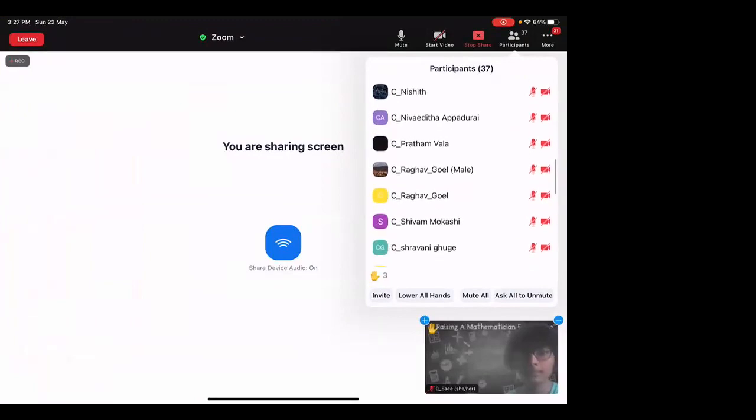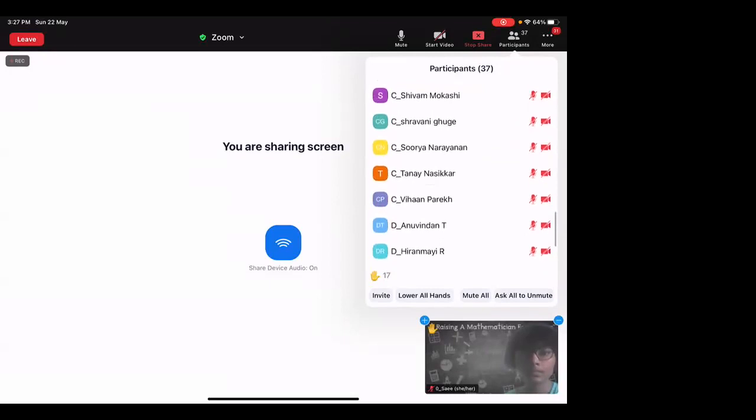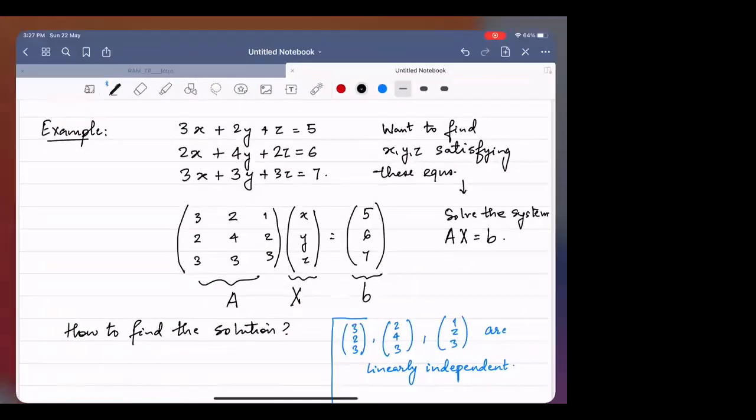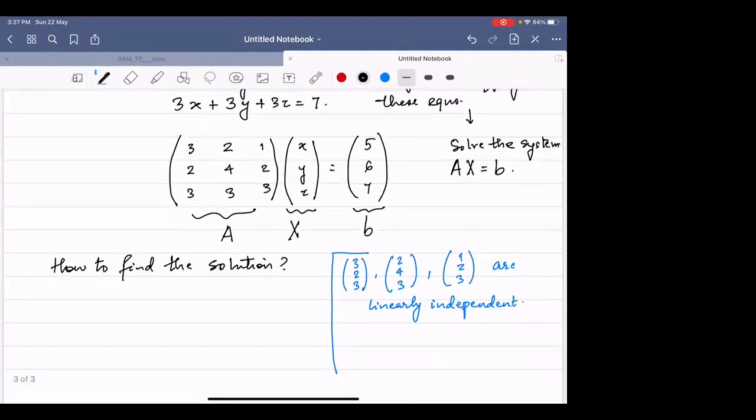Okay, a number of you seem to have seen it, approximately half of you. Since the remaining half of you have not seen it, I'm going to go through the details of this solving.